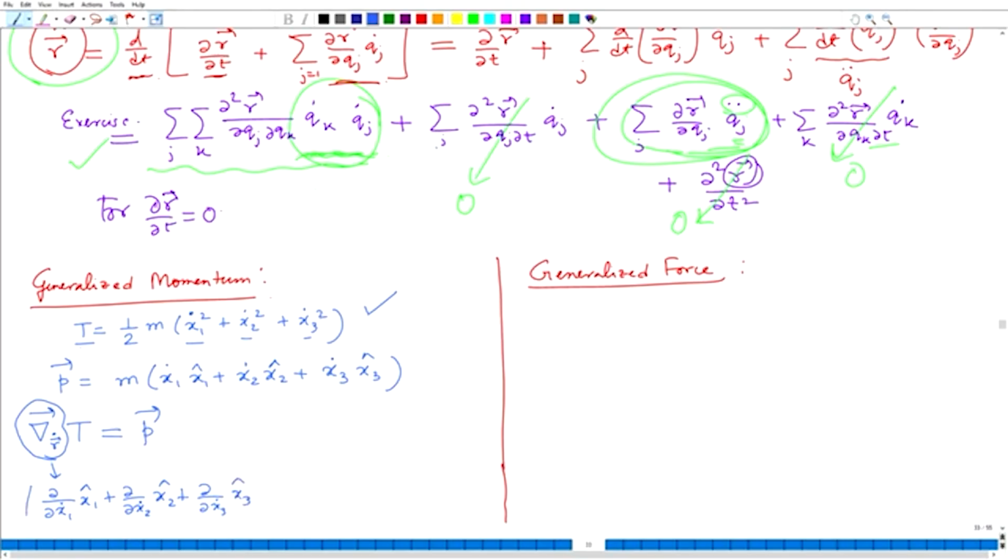If you have this, then you can operate this operator on half m (x1 dot square plus x2 dot square plus x3 dot square).